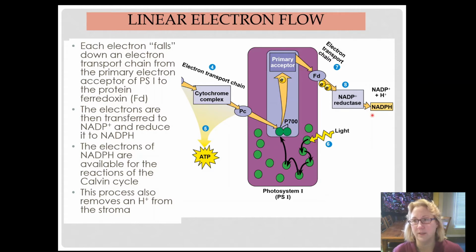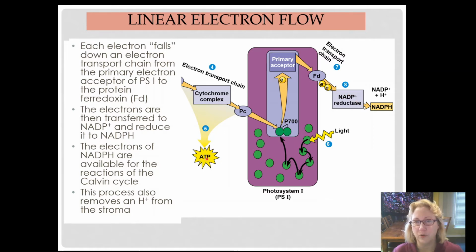Now this molecule can carry electrons to the next step, to the synthesis reactions, and reduce carbon dioxide using that electron energy. So we have two things happening here. Electrons from Photosystem Two are going through the electron transport chain and making ATP. Electrons from Photosystem One are being used to reduce NADP+.